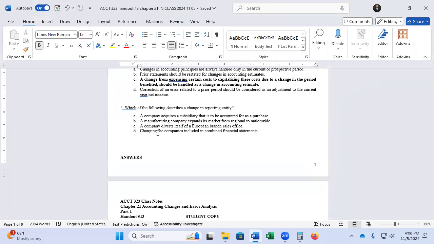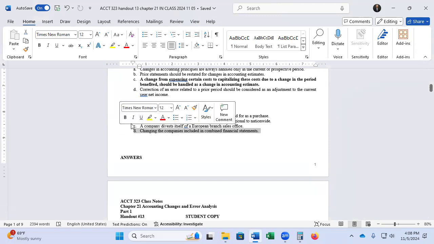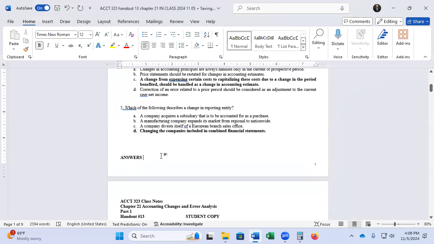Or if you think about selling an important segment, those things would require a change in reporting entity. So the only one included in here is changing the companies included in the combined financial statements. So we have C, D, A, C, and D.